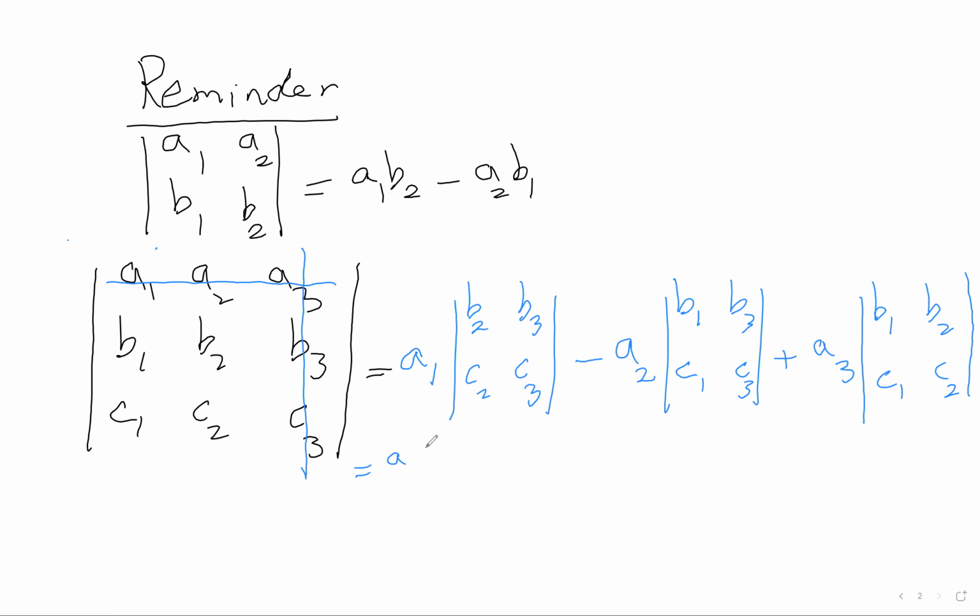So this is A1 times the determinant of this 2 by 2 matrix, B2C3 minus B3C2. The other one, minus A2, is multiplied by the determinant of that 2 by 2 matrix, B1C3 minus B3C1. And A3 multiplied by the determinant of that matrix, B1C2 minus B2C1.